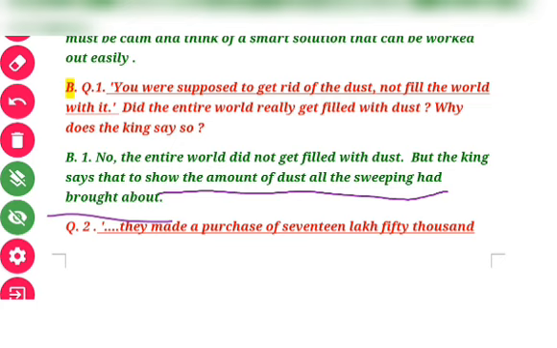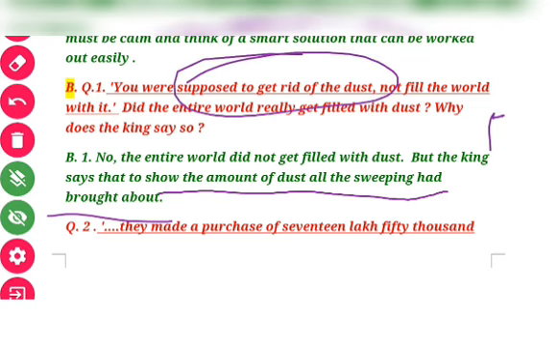By sweeping, there would be a lot of dust everywhere. The king wanted to make those who were giving the ideas realize this. The sweeping had brought about too much dust. He told them to get rid of the dust, remove it, but not to fill the place with a lot of dust.